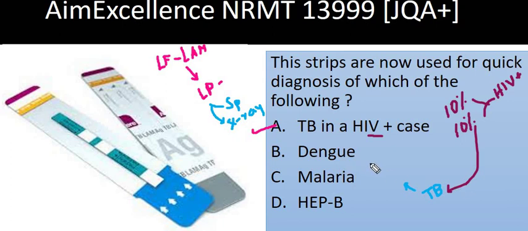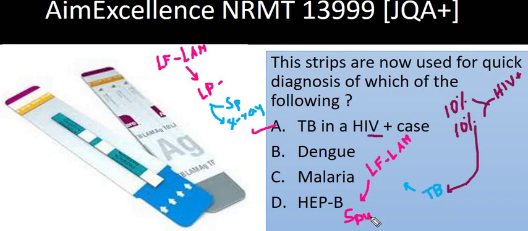Here comes the LF-LAM test, which is actually done on the urine sample. It is done on the urine sample. So you can employ fewer infection control measures, because there are more chances of spreading of the infection from the sputum than the urine itself.